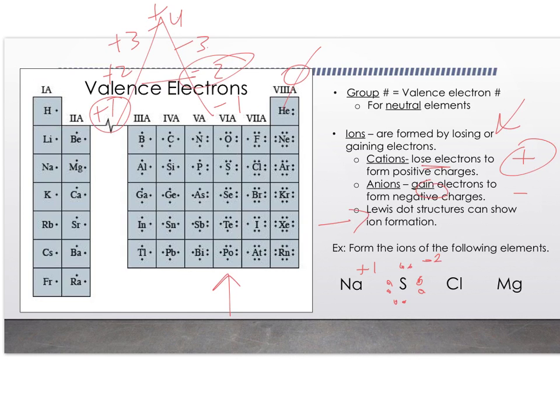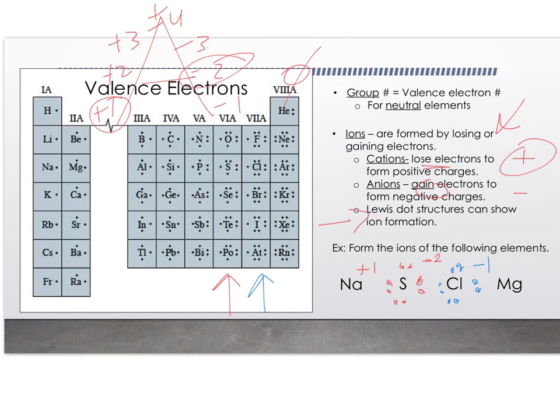So now chlorine's in group number 7, so it's going to normally have 1, 2, 3, 4, 5, 6, 7 valence electrons. It gained 1 electron to form a -1 charge, and it's going to gain it on the side that's unpaired, and then we add in that charge in the upper right-hand corner.